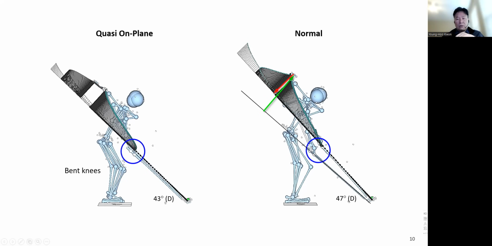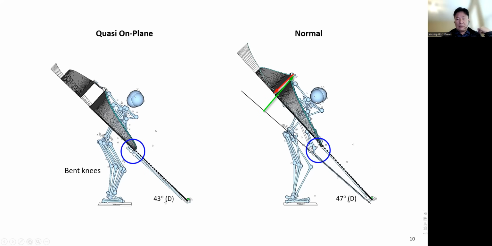I'm not going to explain it here, but when the club goes below the center of mass, it causes problems in terms of generating torque. So there are many reasons why bringing the club all the way down to the initial alignment is not a good idea, or is mechanically not feasible.